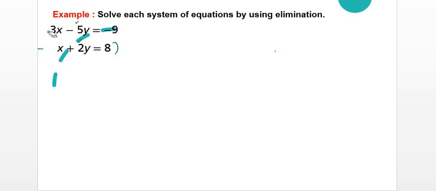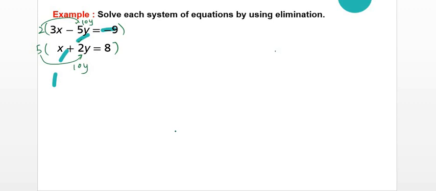Okay, now the other thing is, maybe some of the students think, why I'm trying to equalize the coefficients of x, why not y? Yes, you can multiply the first equation by 2. Now what will happen? This 2 times 5 will give me 10y, and I can multiply the second equation by 5, and this 5 times 2 can give me 10y.